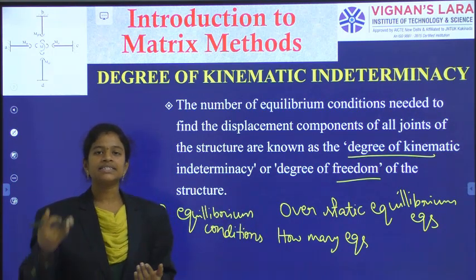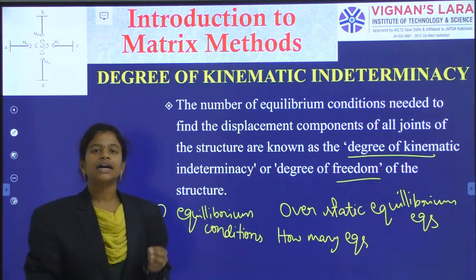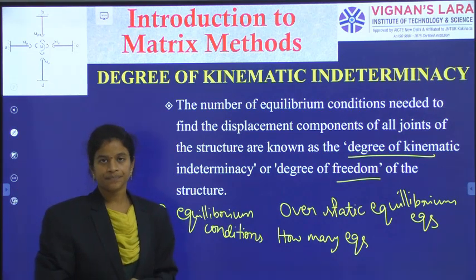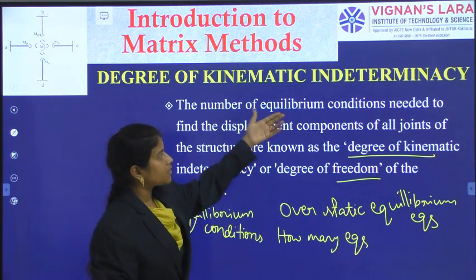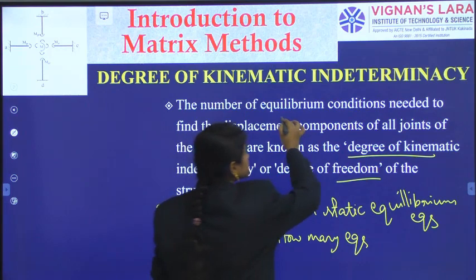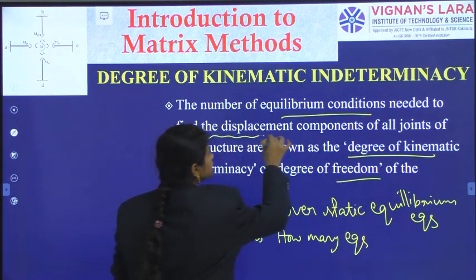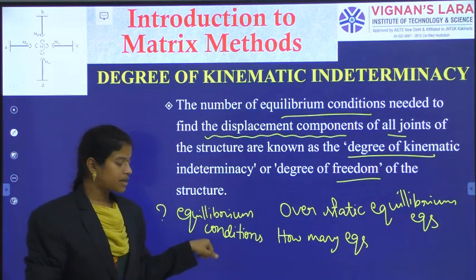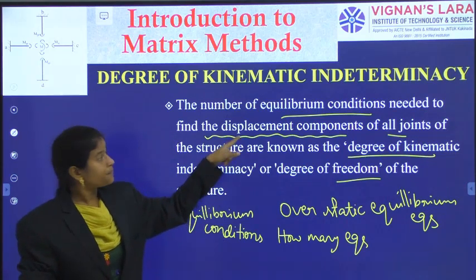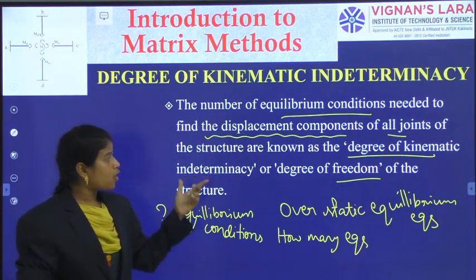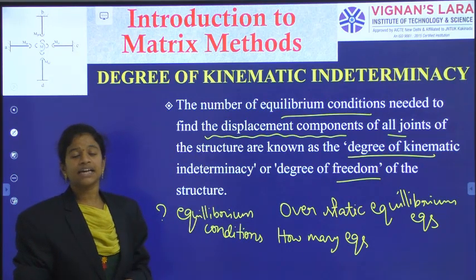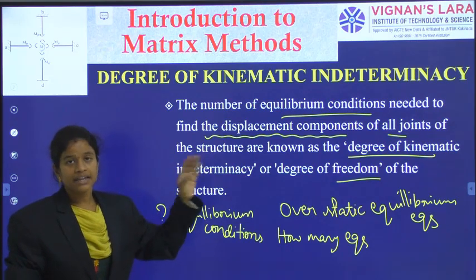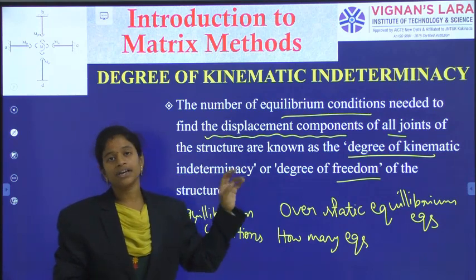So that is the degree of freedom or degree of kinematic indeterminacy. The number of equilibrium conditions required for finding the displacement components of all the joints of a structure is called the degree of kinematic indeterminacy or degree of freedom.